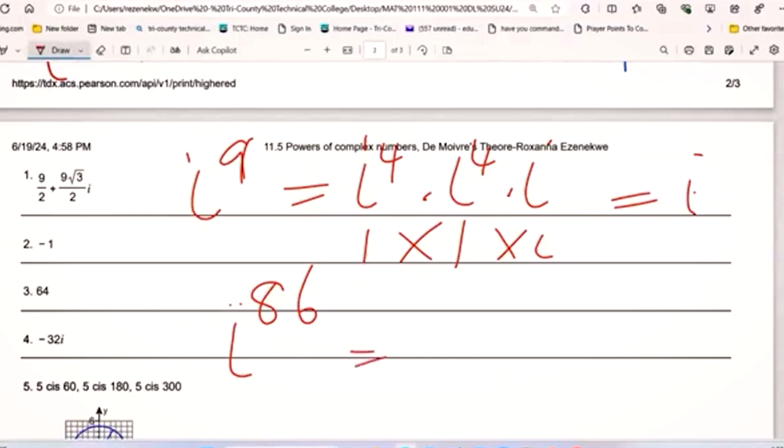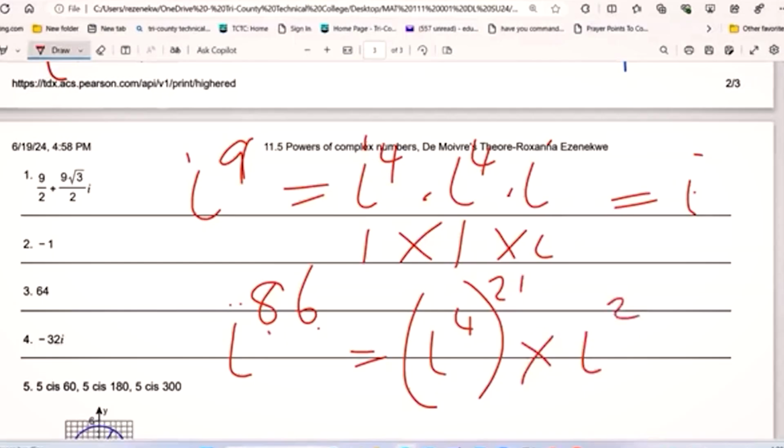I already know that if I divide 86 by 4, I have 21. So I have i to the power 4, 21 times, then multiplied by i to the power 2.